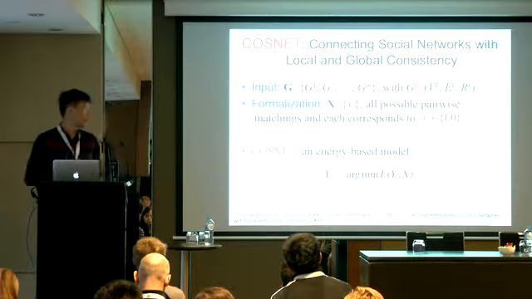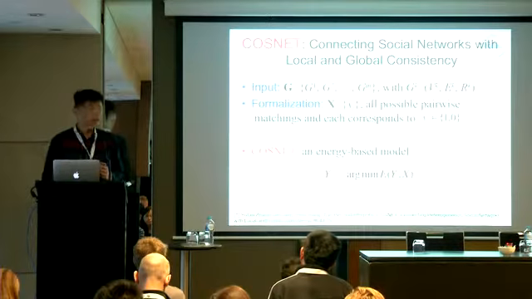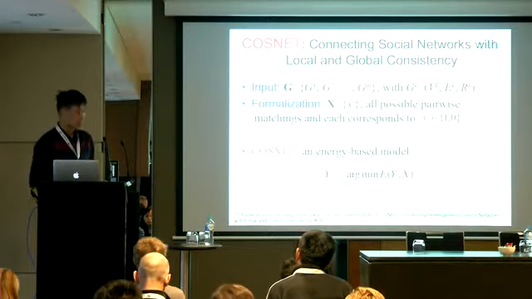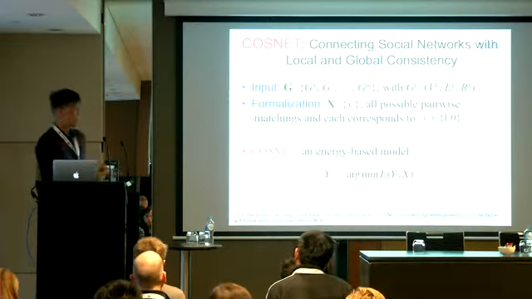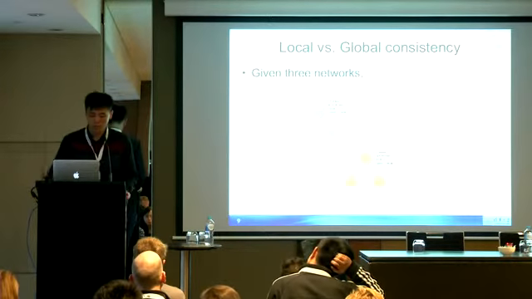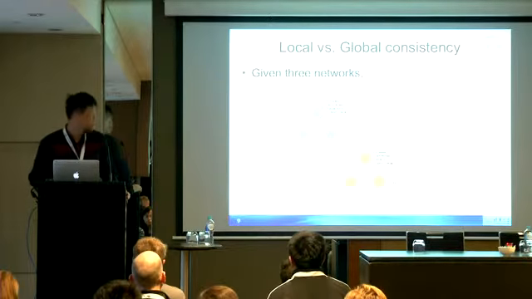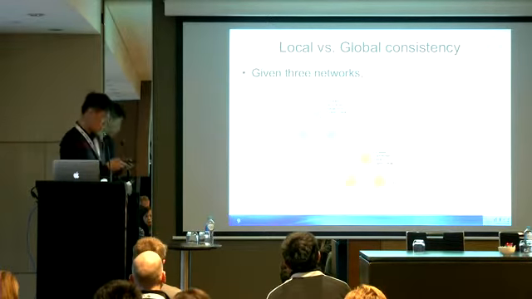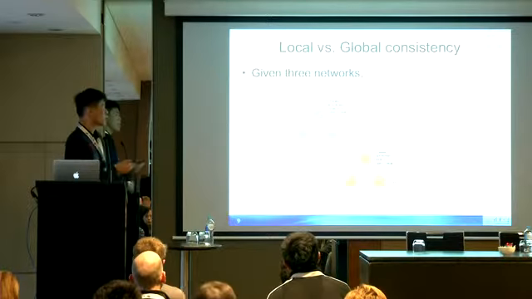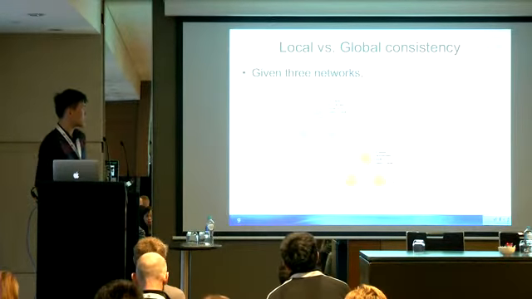We want to find the best configuration of Y that minimizes an energy function E, which depends on Y and X. To illustrate our process, we use a toy example here. We have 3 networks, and each network consists of 3 vertices and 3 edges.